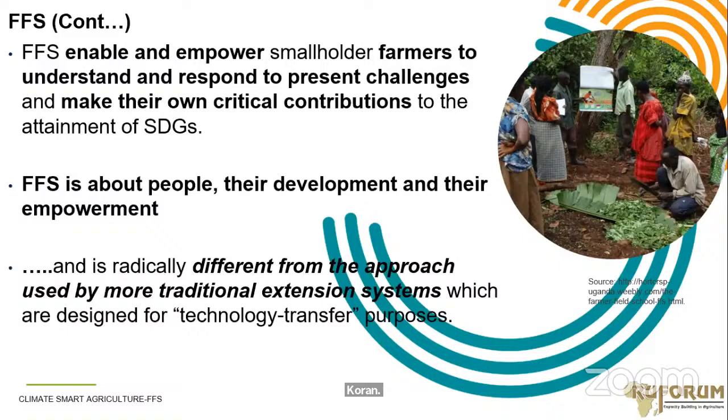So this approach enables and empowers farmers to understand and respond to contemporary challenges, and make their own critical contributions to both their local goals, national goals, and also global development goals.